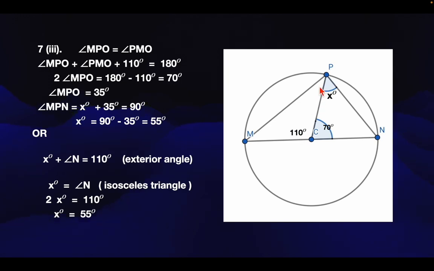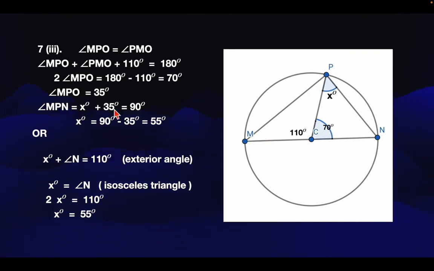Okay, but these two angles are equal. So 2 times MPO, 2 times this angle is equal to 180 minus 110, that is 70. So this angle becomes 35 and this angle is 35.